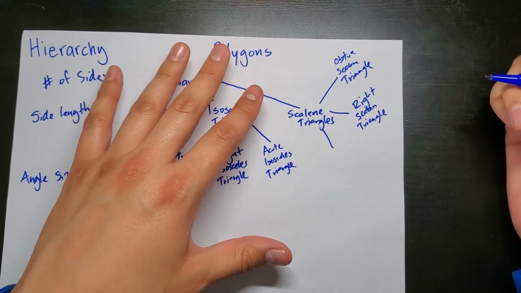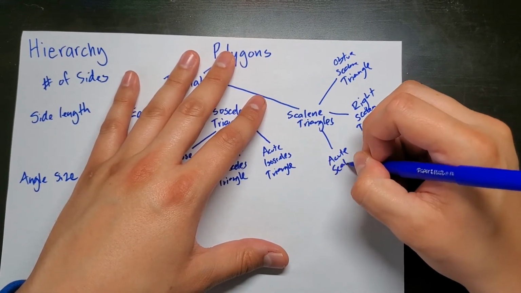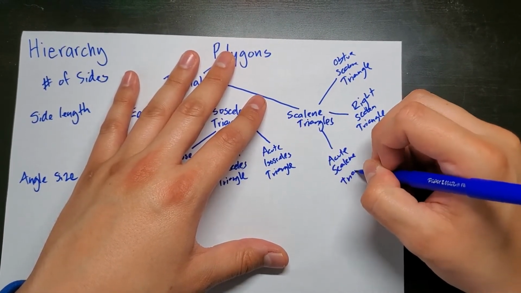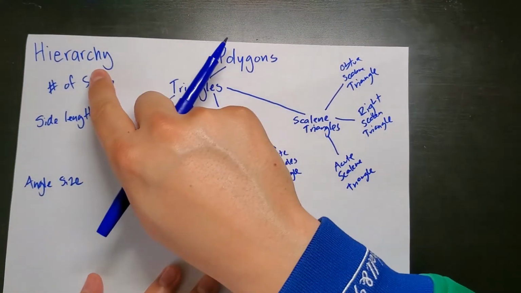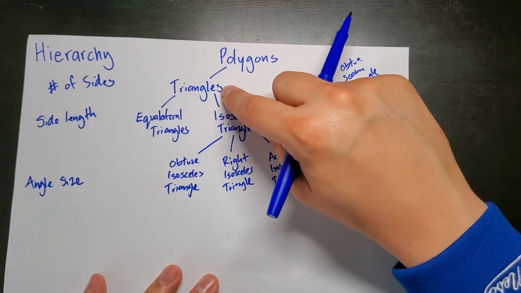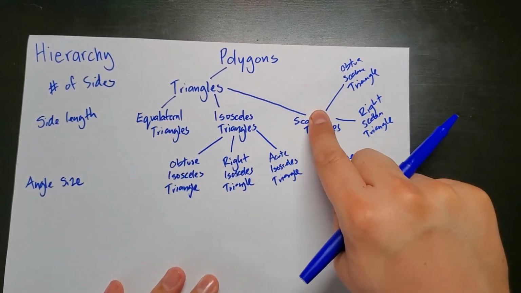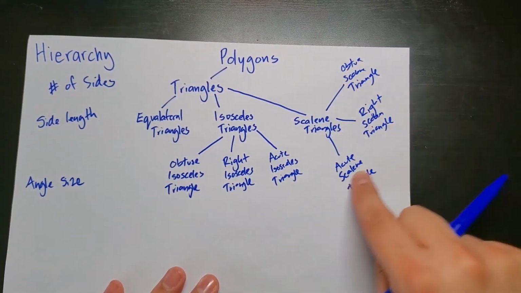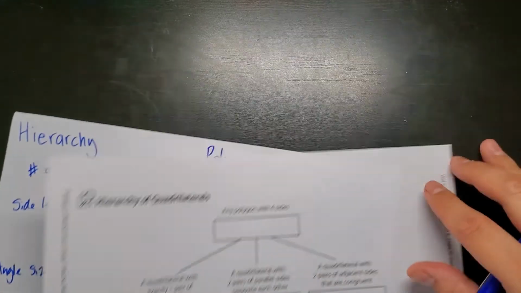And finally, if all of the angles are acute, then it is an acute scalene triangle. So this is a really great example of hierarchy, right? These are all polygons. They have 3 sides, so they're called triangles. Then we talked about their side length, and then we can be even more specific based on their angle size. So we're going to move now to quadrilaterals.